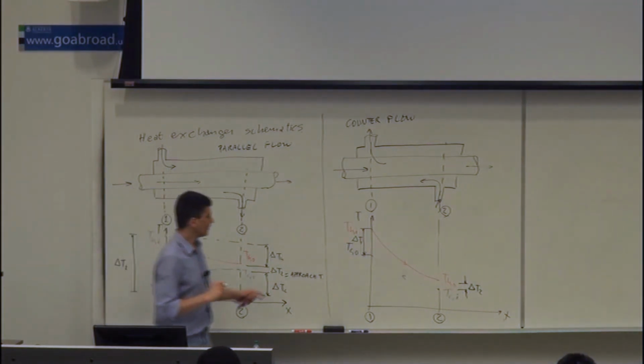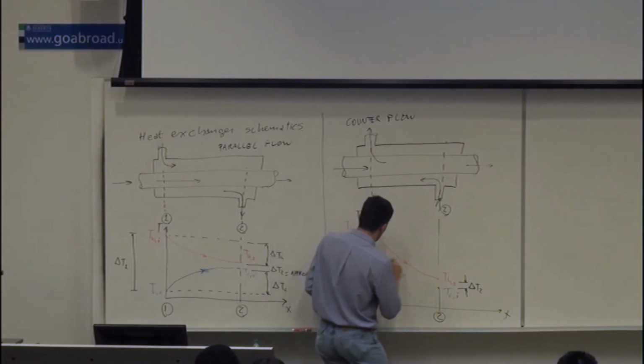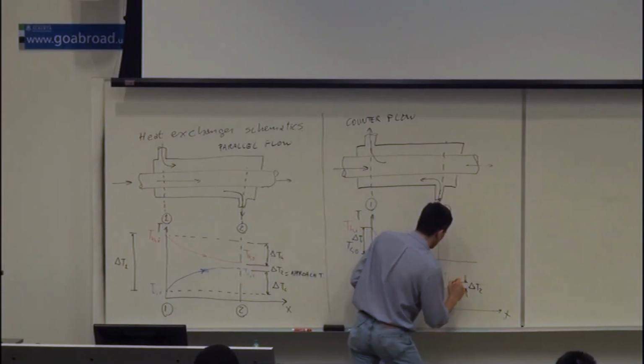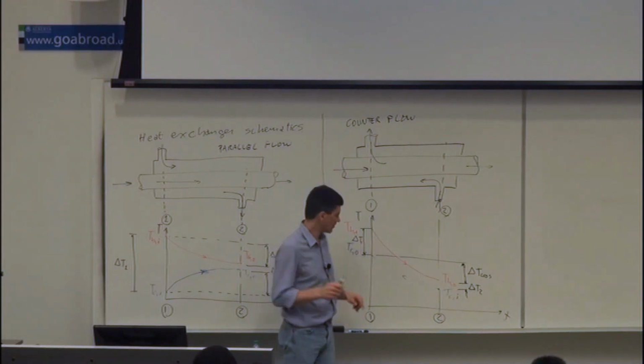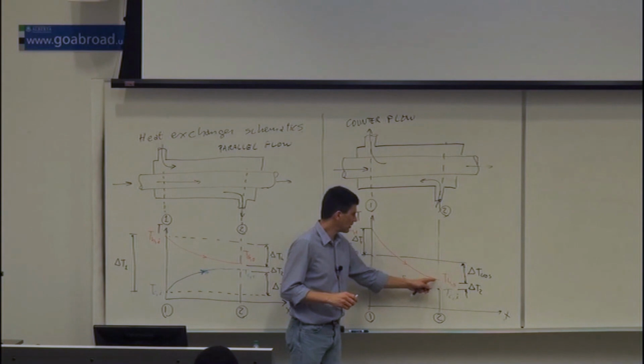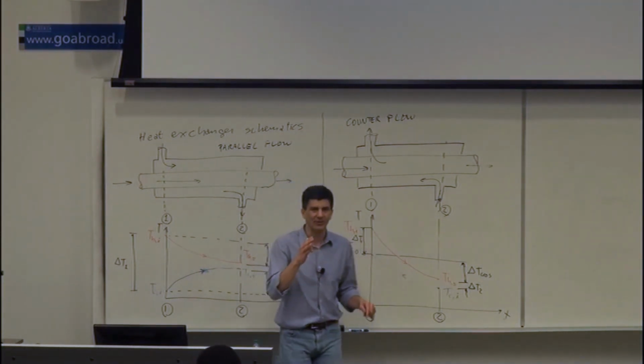But a funny thing about this type of heat exchanger is that you have something that is called a cross temperature. So you have something that is quite amazing in counterflow heat exchangers, that the hot fluid can be colder than the cold fluid, right? Of course, it's not at a given point, right?